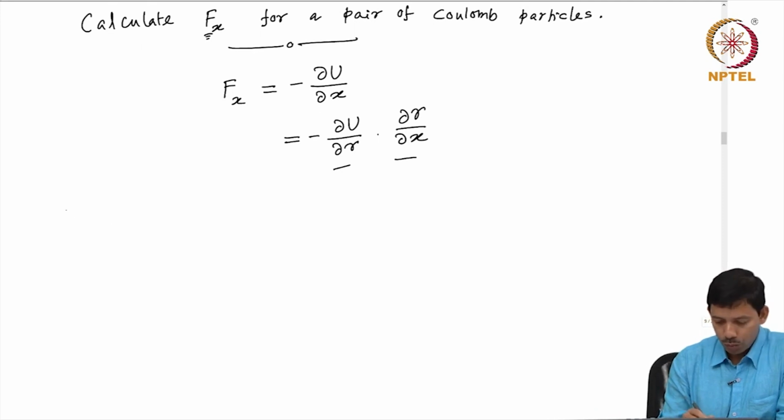So your u was Zi Zj divided by 4 pi epsilon 0 r.